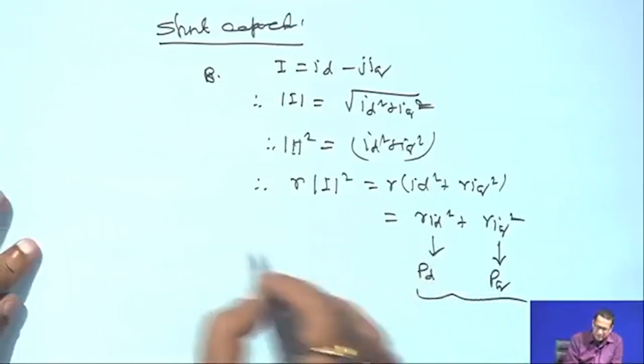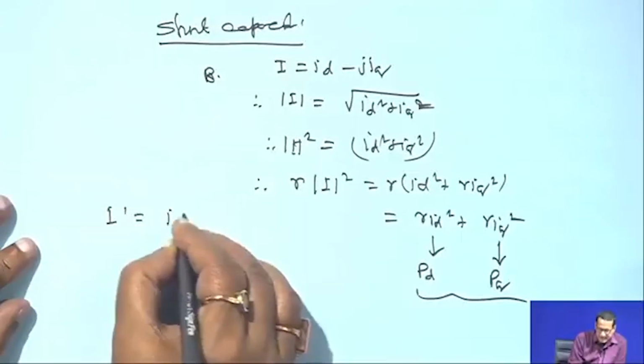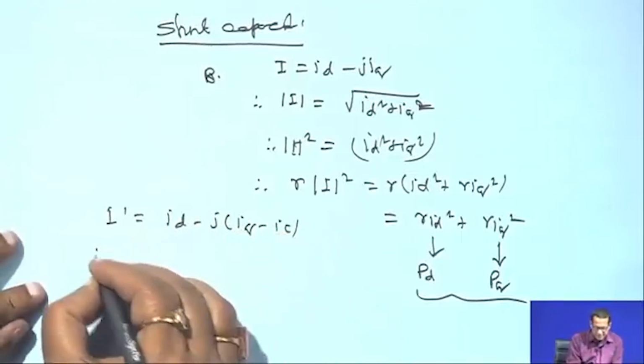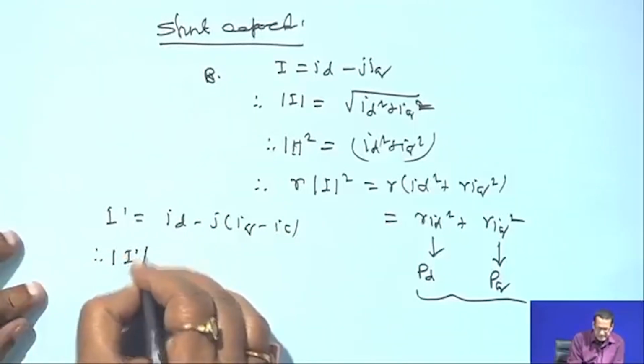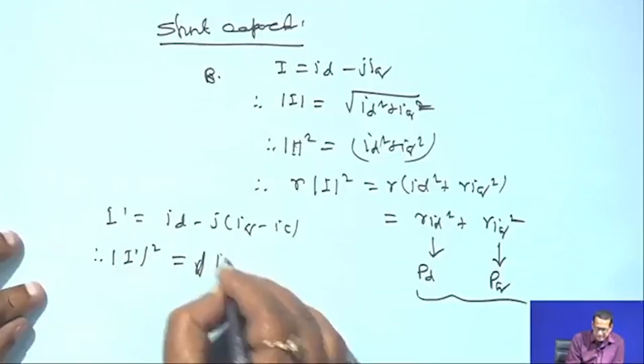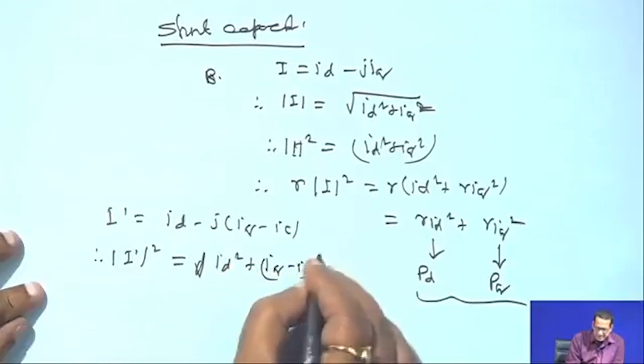So, if you put the shunt capacitor, then the current coming is I d minus j I q minus I c. Therefore, the magnitude square of this, I dash square, is I d square plus I q minus I c whole square.